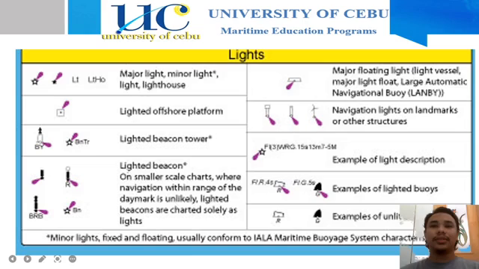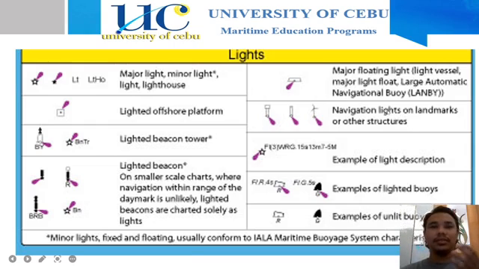Lighted beacons on smaller scale charts, where navigation within range of the day mark is unlikely, are charted simply as a light. In the rectangle with the symbol: major floating lights, light vessel, major light float, large automatic navigational buoy, or the abbreviation LANBY. These are landmarks: the windmill, the tower and the lighthouse.